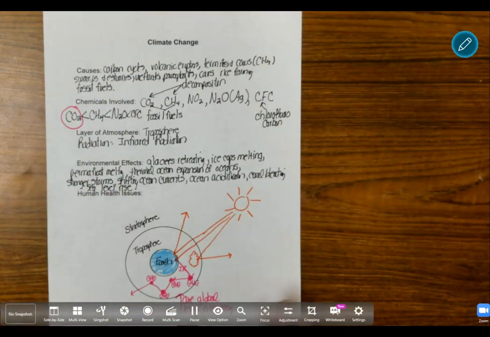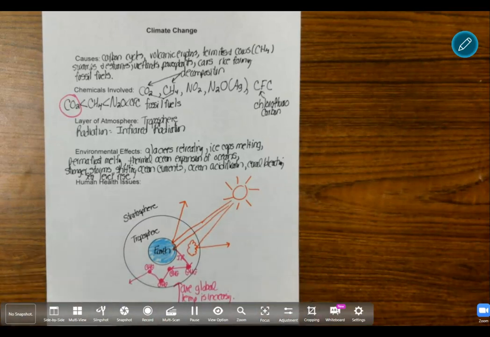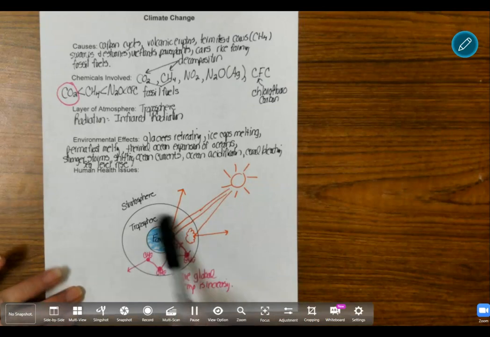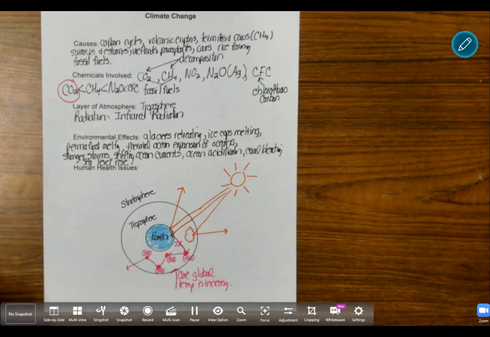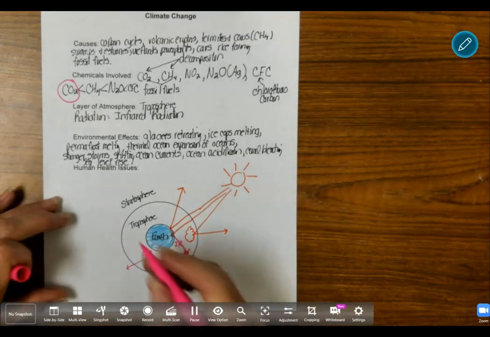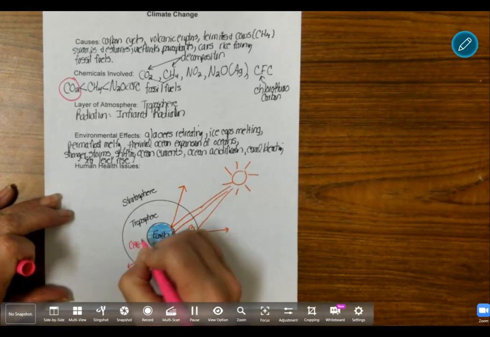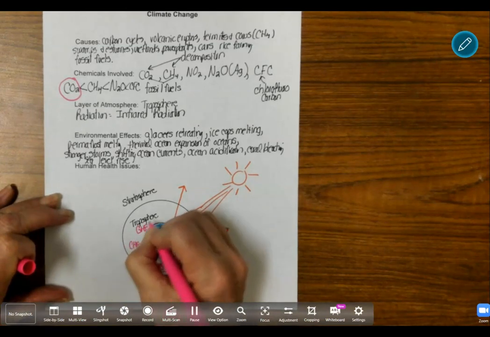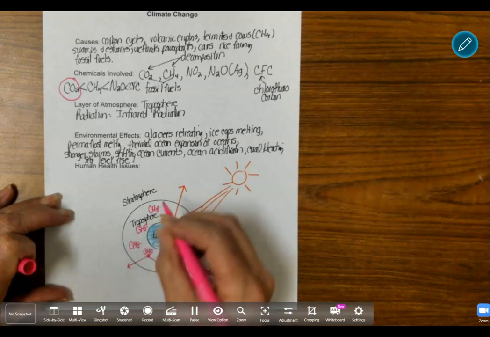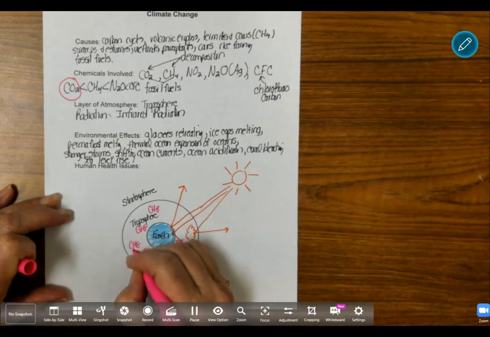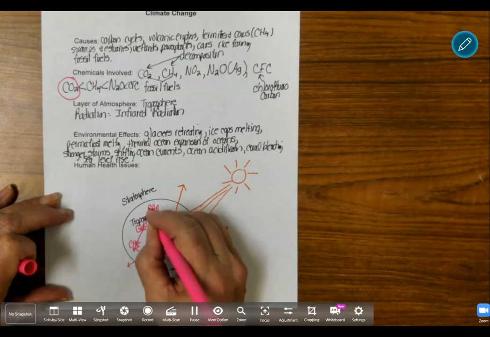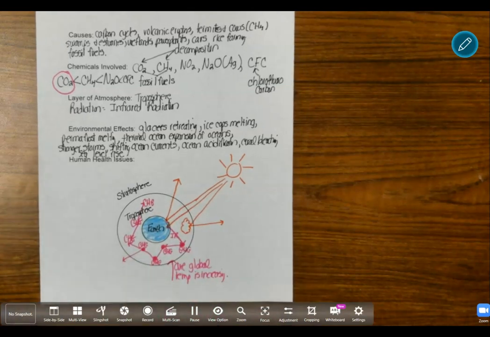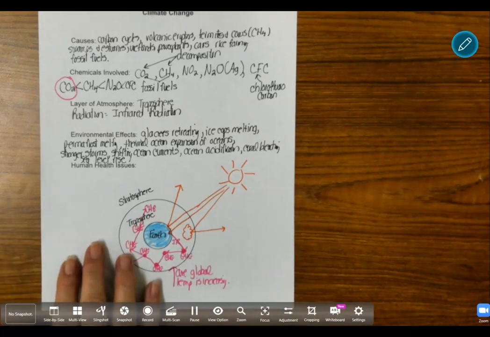When we look at a way to kind of summarize what's happening with climate change, we have this normal, really awesome process that keeps us warm. But if we keep adding greenhouse gas, greenhouse gas, greenhouse gas, we are going to keep that heat energy in the troposphere. More and more heat energy is going to be held in the troposphere, which is going to make the temperature go up.